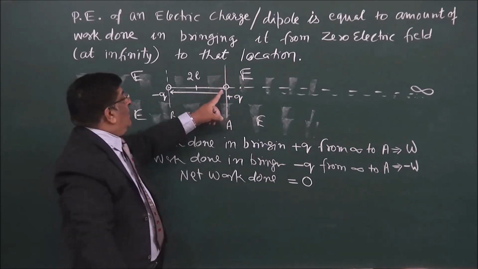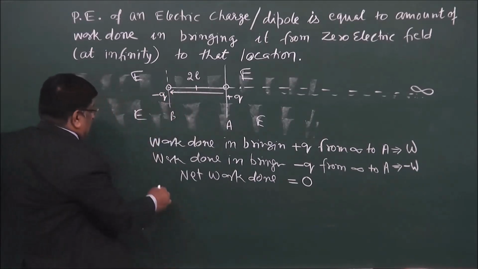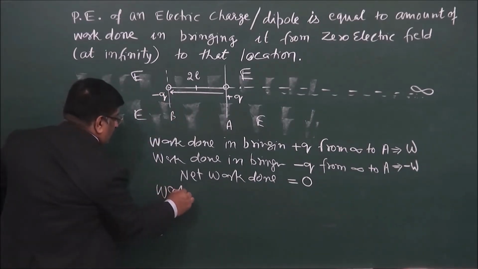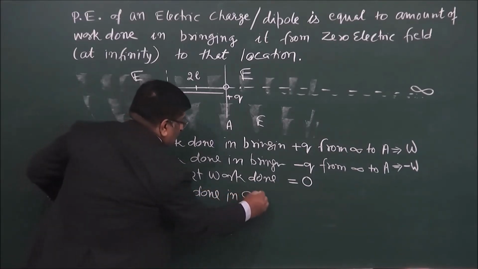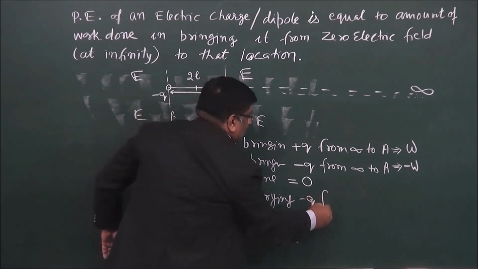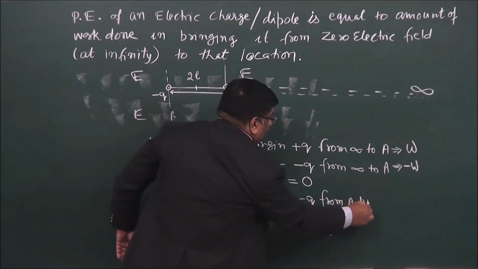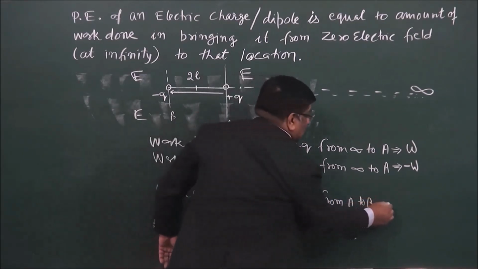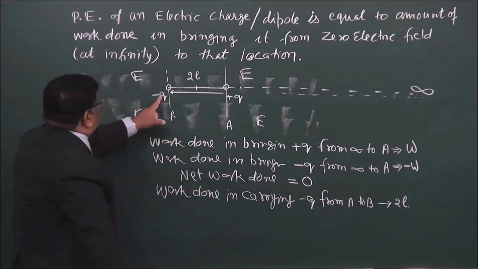Now we take it up to this point. What is the work done here? Work done in carrying minus Q from A to B. How much is that distance? That distance is 2L.